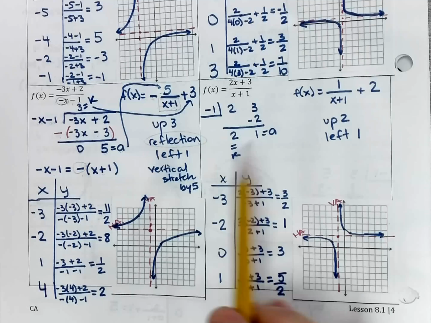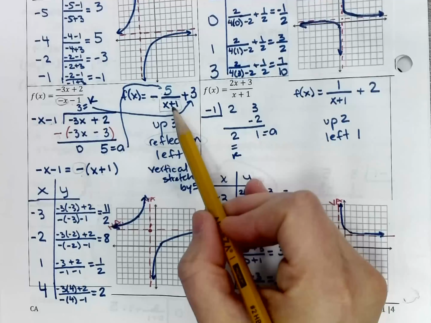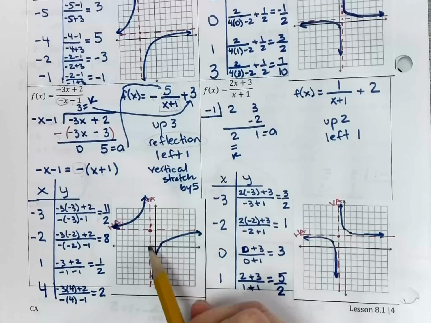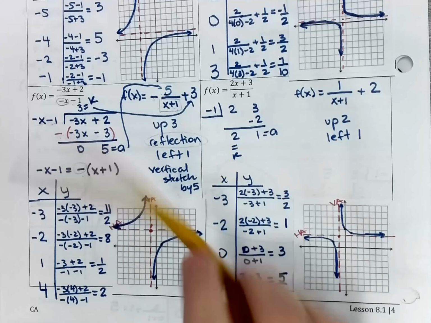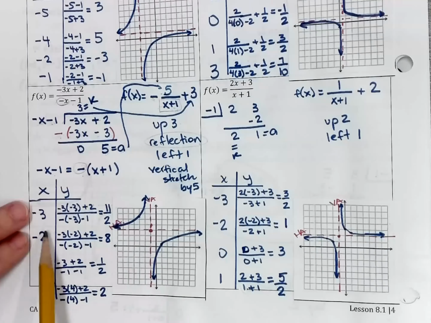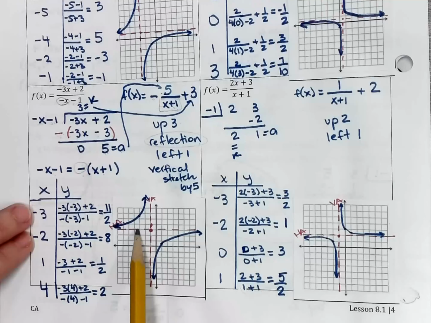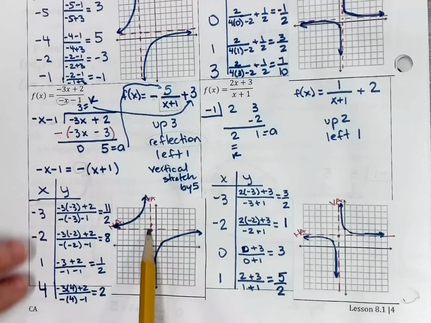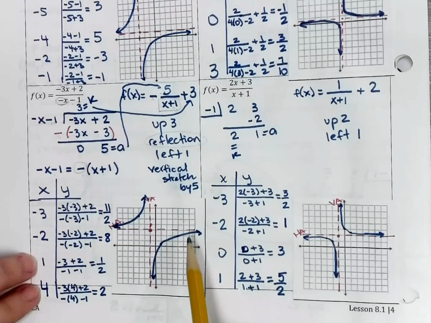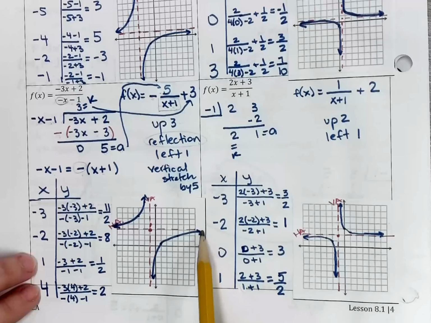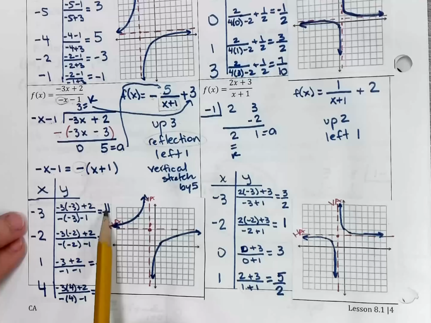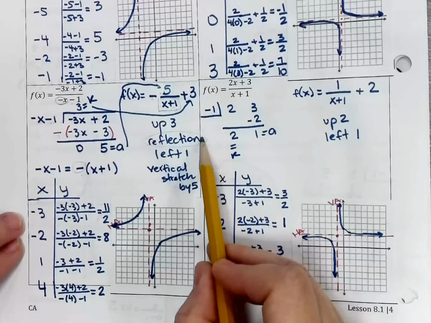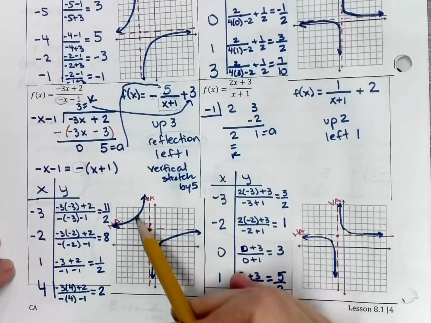And then, okay, so h is negative 1, k is 3, vertical, horizontal asymptote. And then again, choose 2 points to the left of h and k, choose 2 points to the right of h and k. And when you substitute the numbers in, you will notice that it will show the reflection across the x-axis.